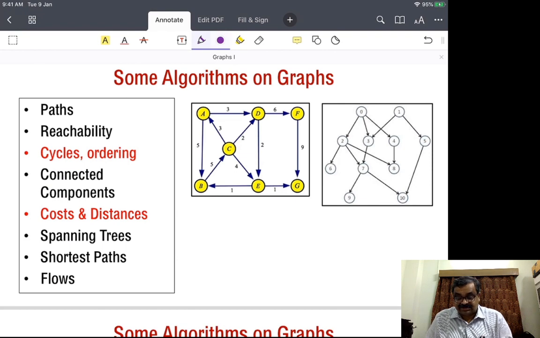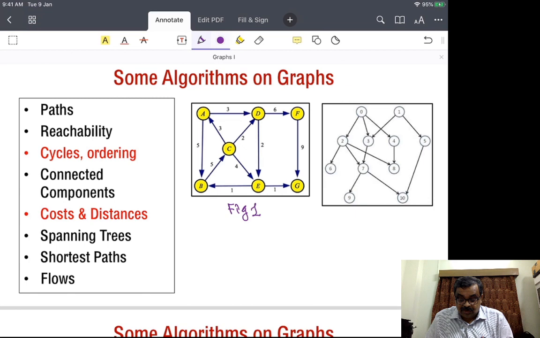Costs and distances. As we just mentioned, a directed graph has costs. And suppose this graph of figure 1 is a road network graph.